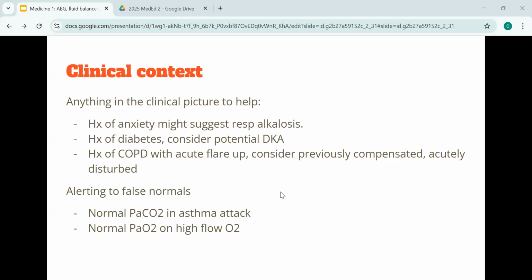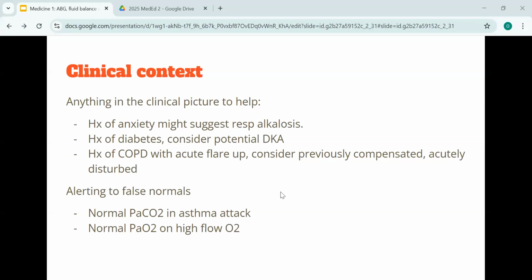A patient presenting to ED with decreased consciousness and a history of diabetes is likely to be having a diabetic ketoacidosis in the world of MCQs. So check whether you can see an acute or a compensated metabolic acidosis due to the ketoacidosis that's going on. Or a patient with a 30-year history of chronic obstructive pulmonary disease presented with a compensated respiratory acidosis 3 months ago, but is currently having an acute infection.